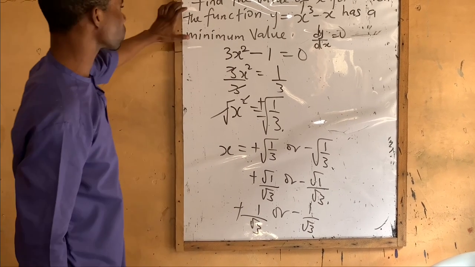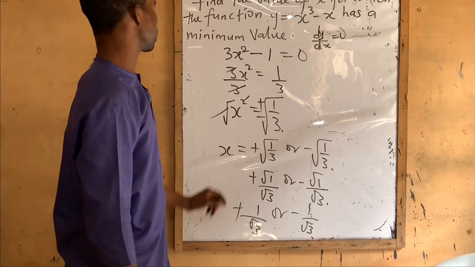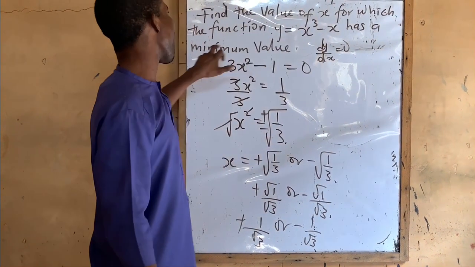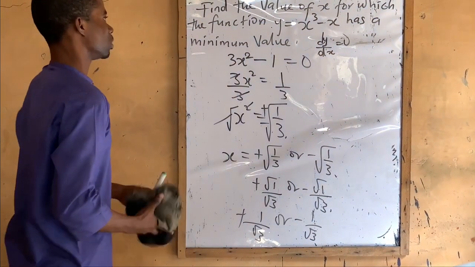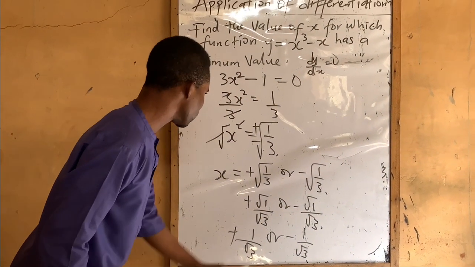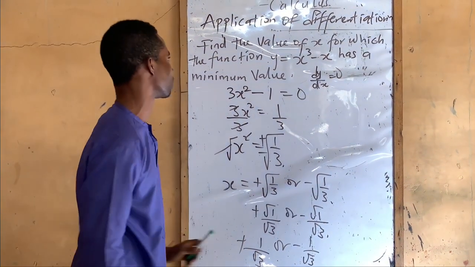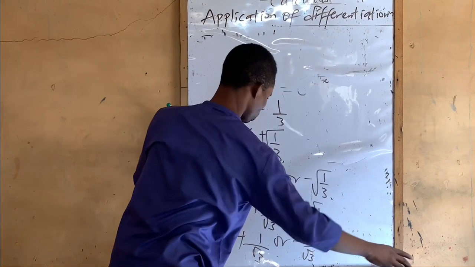Now, but they don't say we should just stop at x. They say find the value of x for which the function has a minimum value. Now, for us to know, is it here it is minimum or maximum, or here it is minimum or maximum? We're going to go back to our stuff.